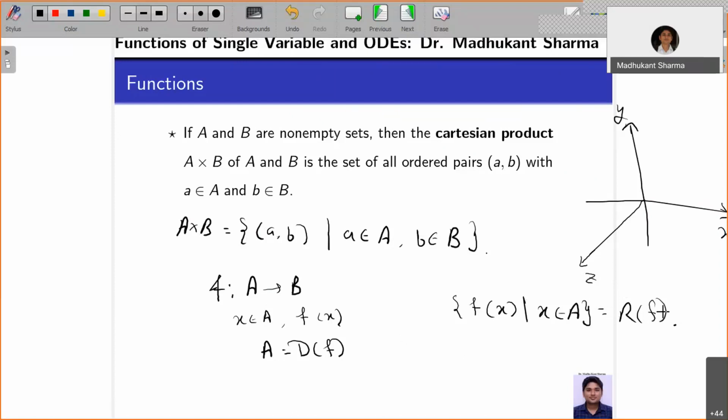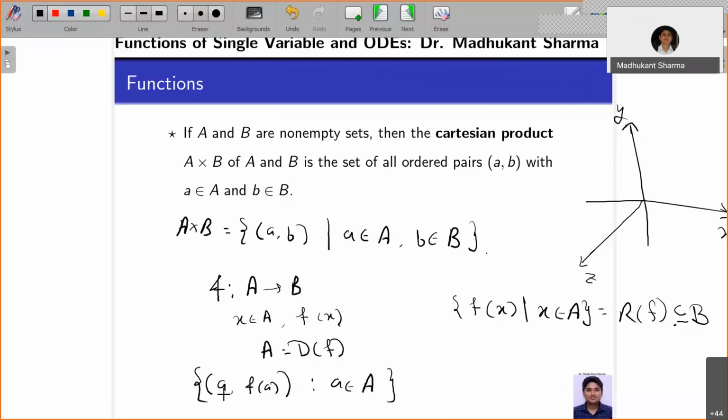The range of f may or may not be equal to B. It is going to be a subset of B. The function is going to be a subset of A cross B, meaning you have the pair A comma f of A for each A belonging to A. This pair will identify the function, or you can say the graph.